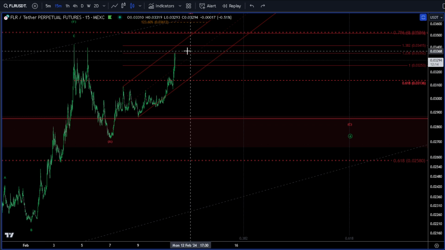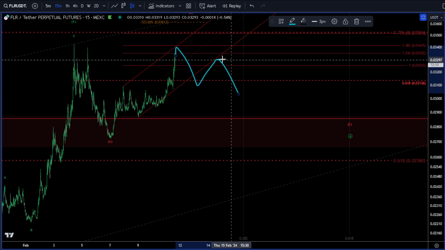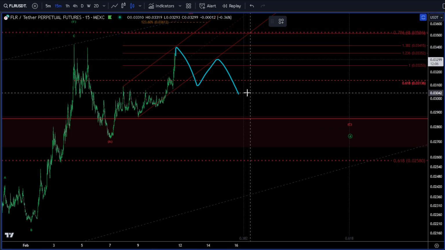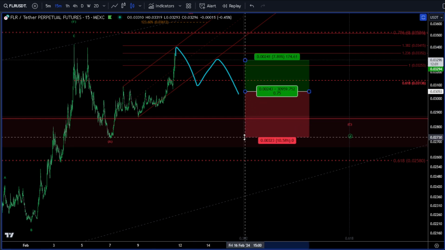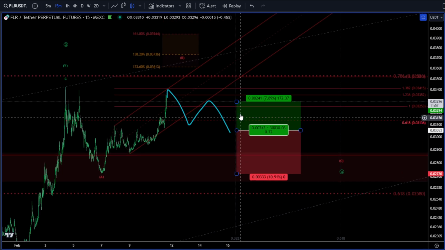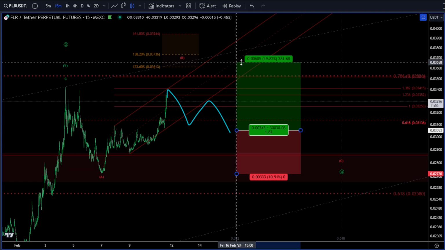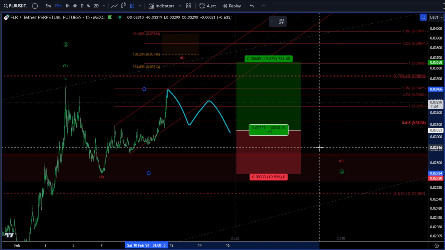But if we make a nice 3-wave pattern here shortly, should take a little bit of time, I might consider taking that trade if we get that. And same idea, I'd take my entry between the 50 and the 618 if we get it, and I'd be targeting the 1-to-1 extension of this entire move after it's complete.